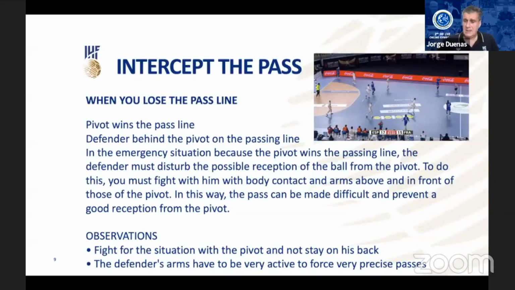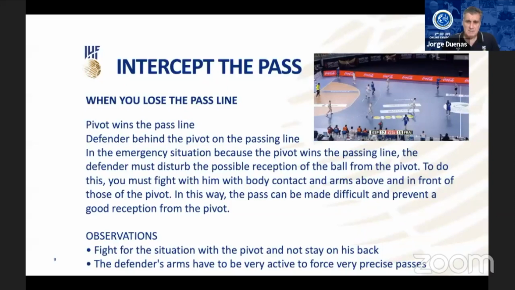The second one is intercepting the pass. In this case, the problem is when the defender loses the pass line, so the pivot wins the pass line. I think that's maybe an emergency situation. The defender tries to overtake, but it's not possible to overtake the position of the pivot.